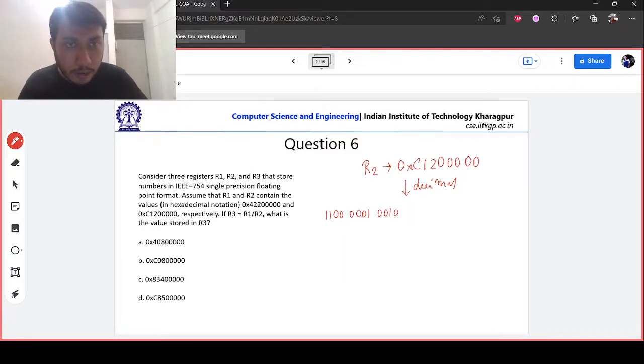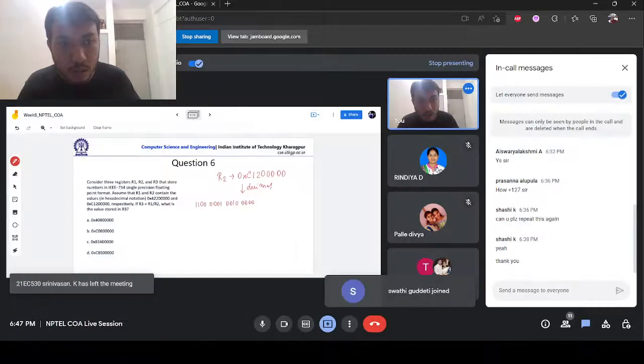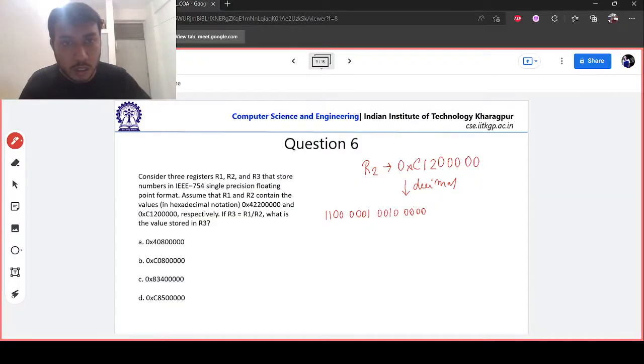Next there are 5 zeros, 0000, 0, 0000, 0, 0. Correct. So this is the corresponding decimal.